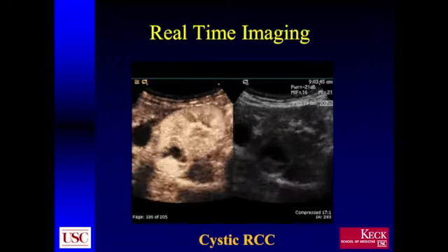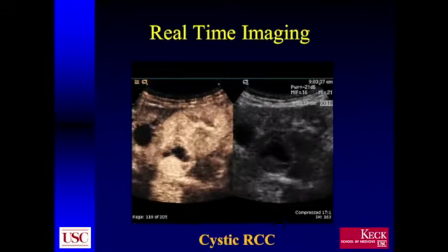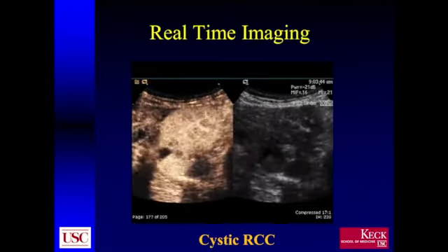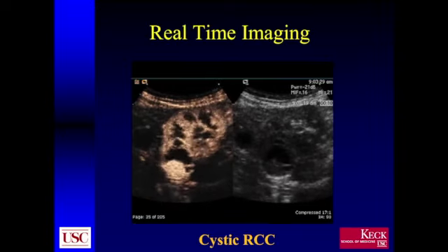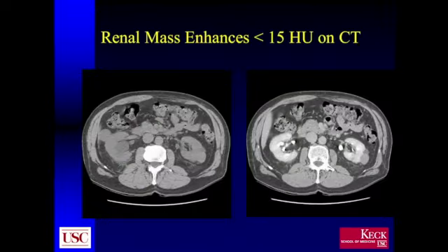I think you can very nicely see that this thing enhances earlier than the surrounding parenchyma, and as was shown on the static image, is clearly more echogenic in the early phase of the examination.